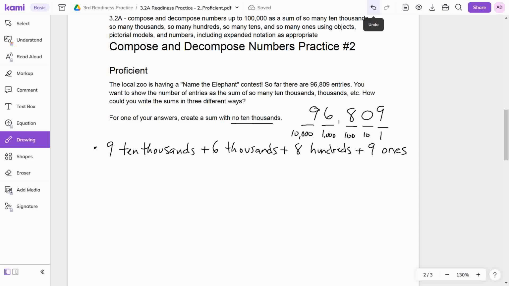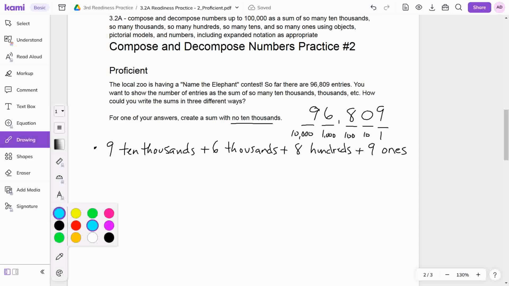Now, for one of my answers, I need to create a sum with no 10,000s. So let's go ahead and get that out of the way. How could I do this without any 10,000s? Well, one way is to visualize, and I'll put this in blue right here. If you take this as a chunk, instead of 9 10,000s and 6,000s, visualize it as 96.